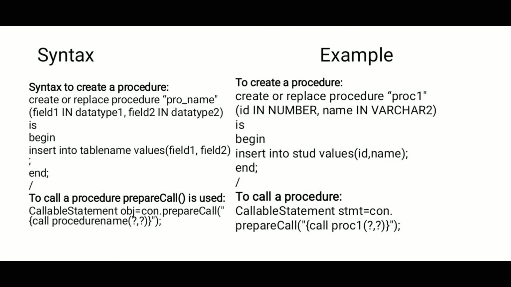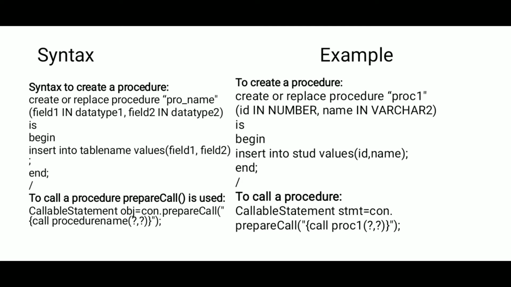So this is the basic syntax: you have to define the keyword call to call that procedure, and then after it the procedure name is defined, and you have to pass the parameters if you have given them in your procedure.